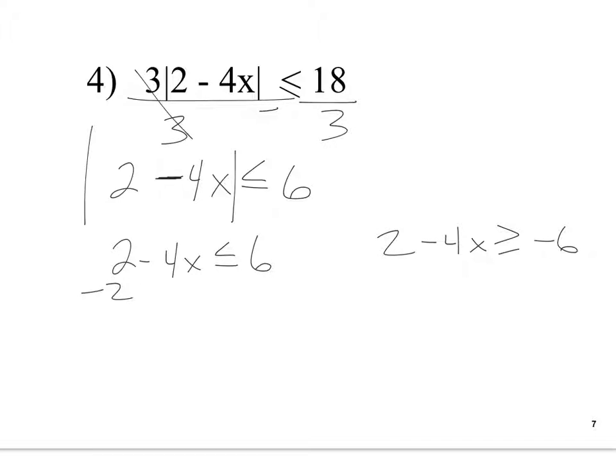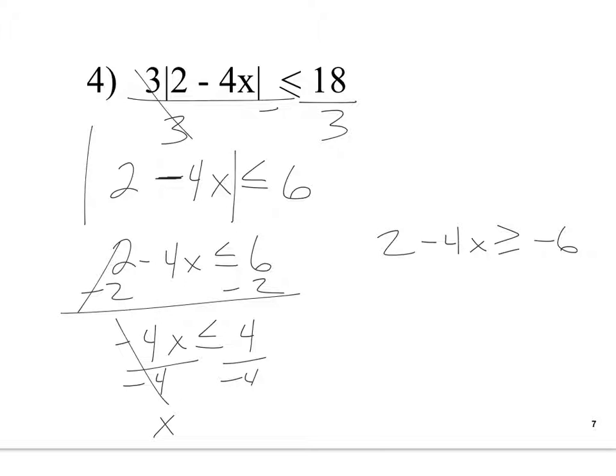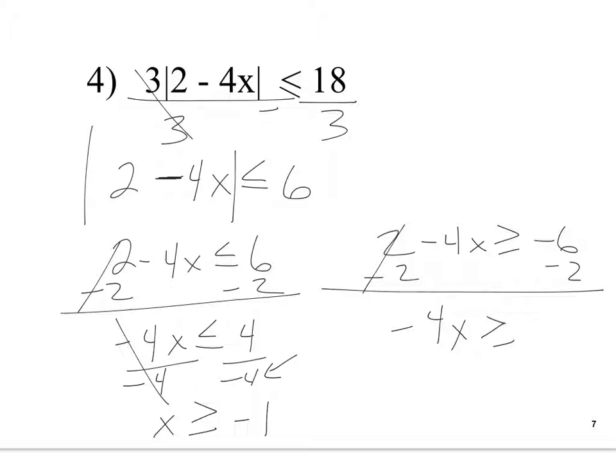Solve each one of these. Negative 4x is less than or equal to 4. So here I'm dividing by negative 4, so x is going to be greater than or equal to negative 1. Remember, that's when you're dividing by a negative. Negative 4x is greater than or equal to negative 8.